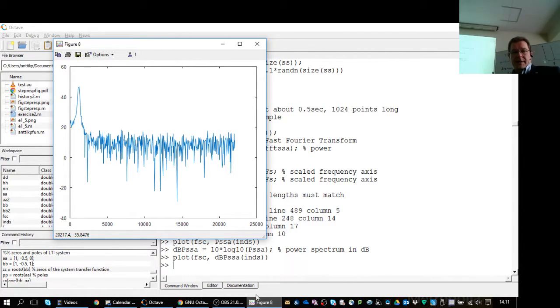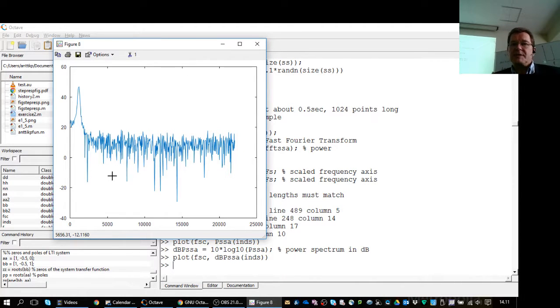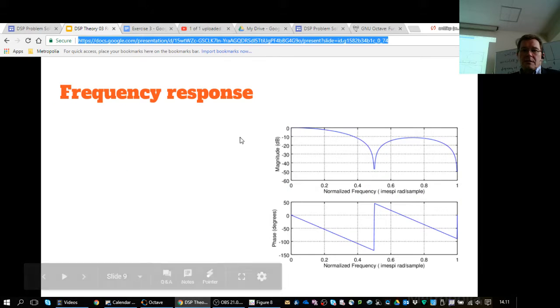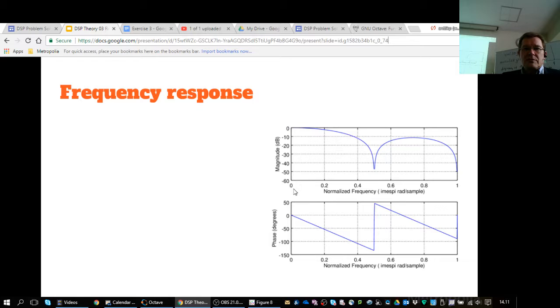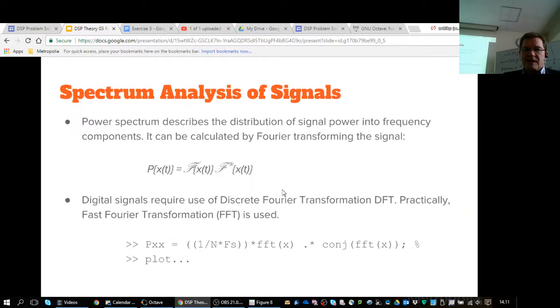So good. So that's a simple single spectrum, but this is not the whole picture. It doesn't show how the frequency is varying, and that's where the spectrogram actually comes in handy. That's almost the last page here.